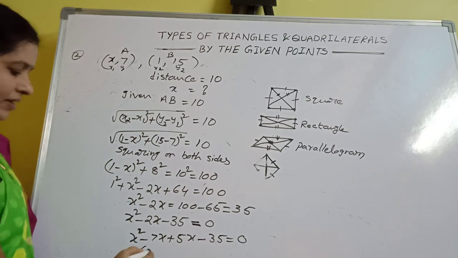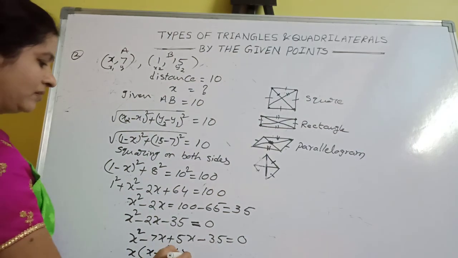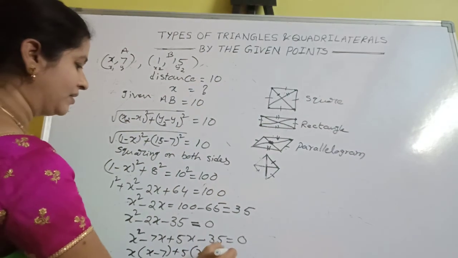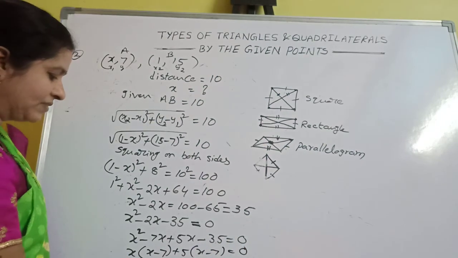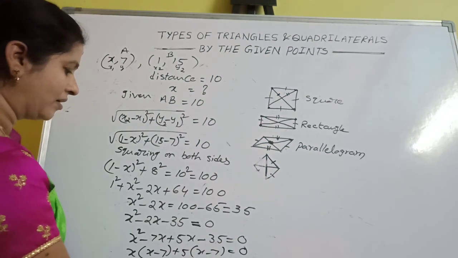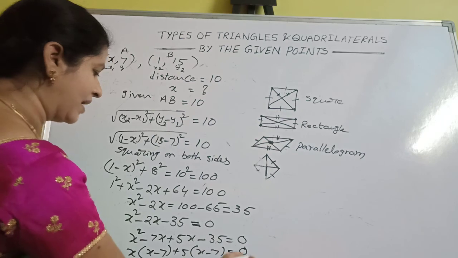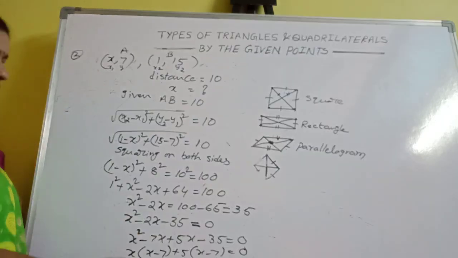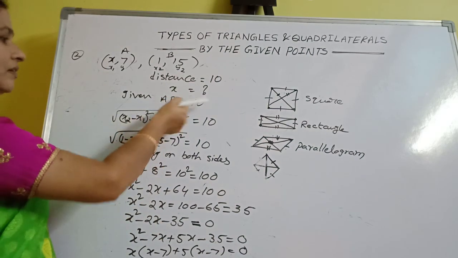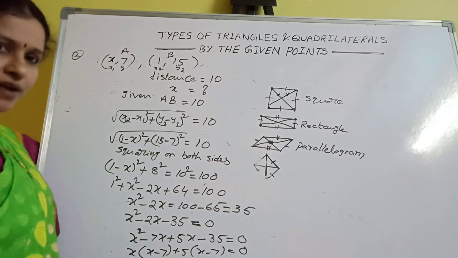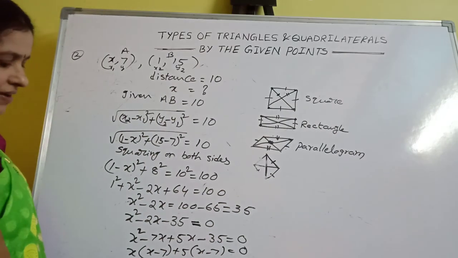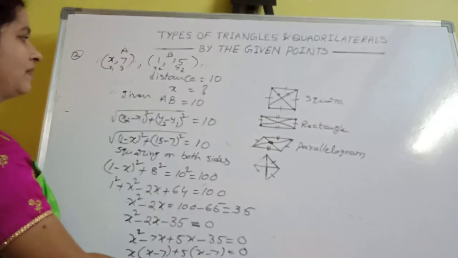Take x common: x minus 7, and 5 common: x minus 7 equals 0. So the x values are 7 or minus 5.